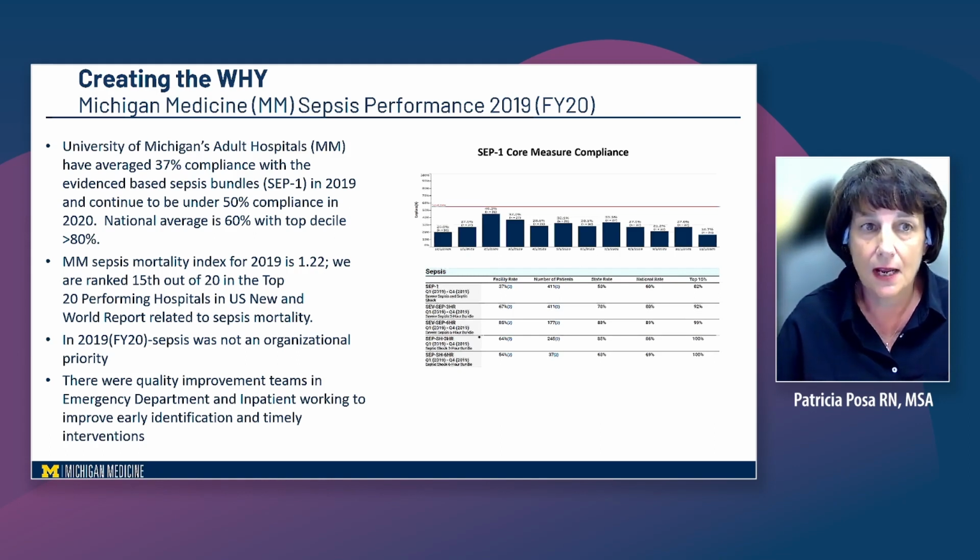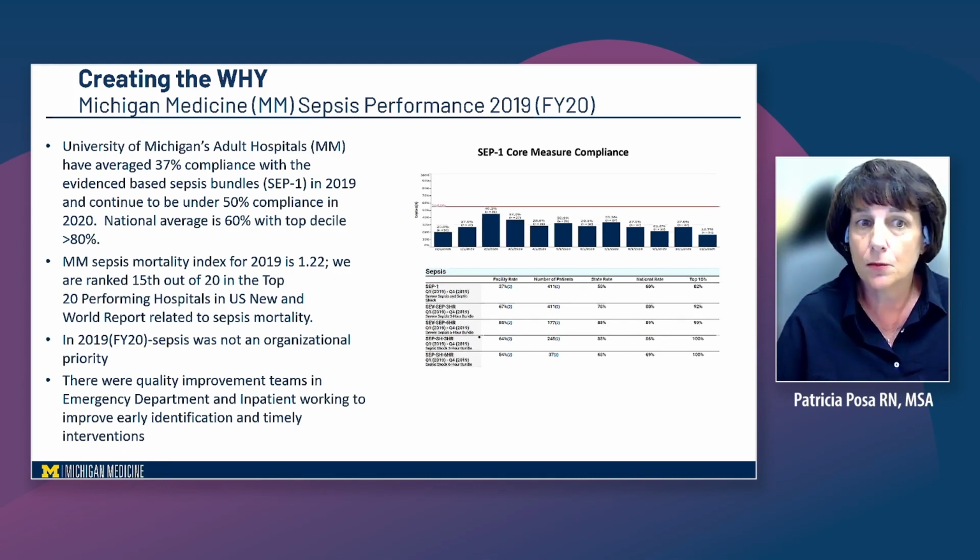At Michigan Medicine, at that point in time, our average compliance with the CMS SEP1 bundle was 37%. Now we're above 50% compliance, but we continue to be around 50%. National average, 60%, with top decile greater than 80%. And you can get this information on Hospital Compare.